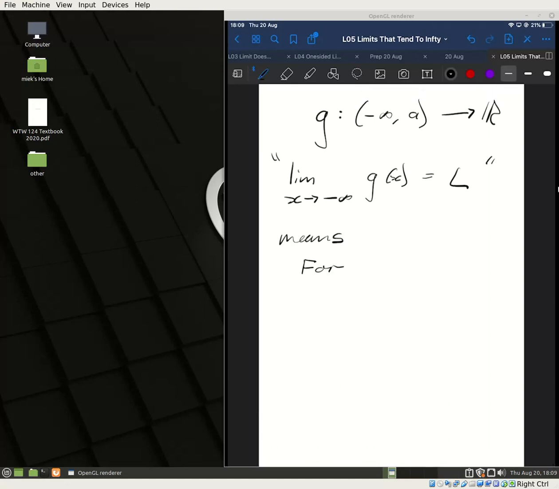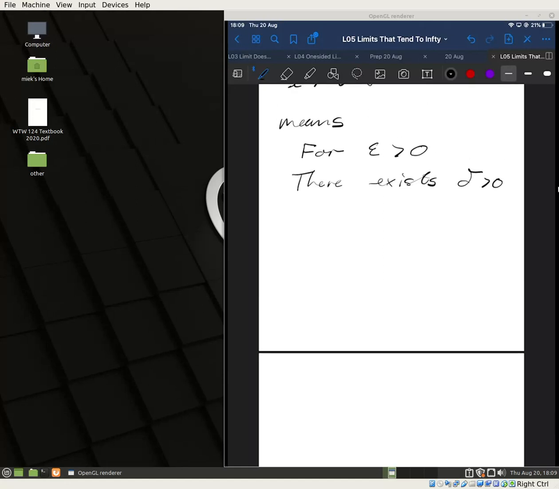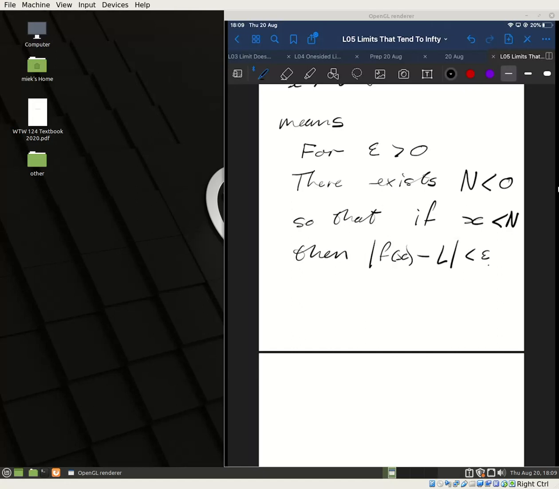For every epsilon greater than 0, there exists an N less than 0, so that if x is less than N, then all the function values are within an epsilon distance of L.